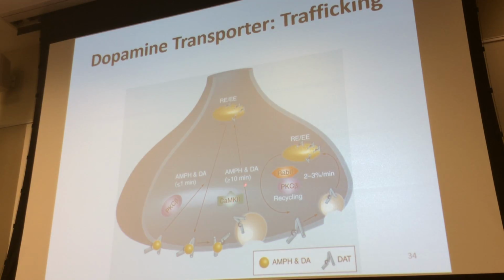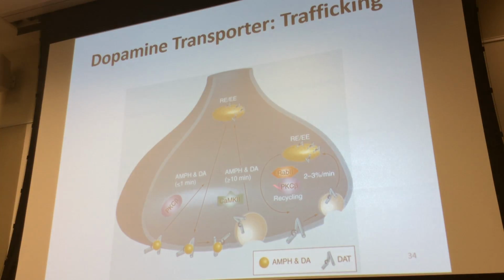Okay? Another kinase involved in the internalization of the dopamine transporter is CaM kinase 2. If you knock out CaM kinase 2, or overexpress a dominant negative CaM kinase 2, you won't see dopamine transporter internalization. So these are the two protein kinases involved in dopamine transporter trafficking and also dopamine transporter function.